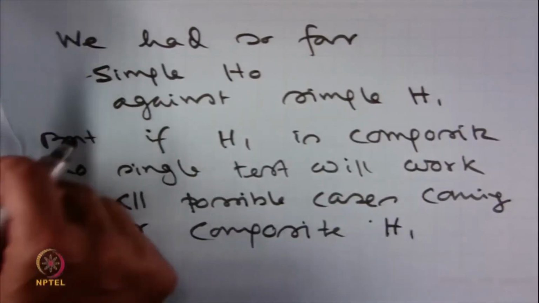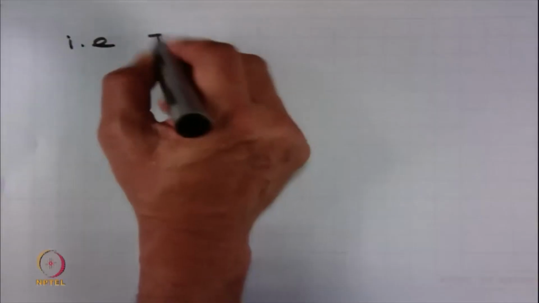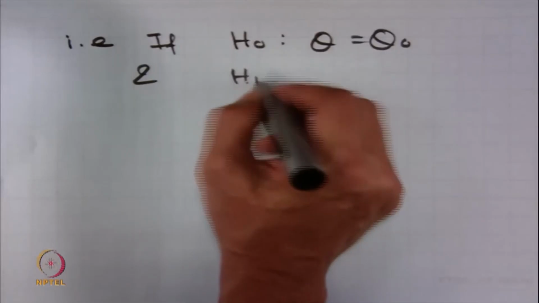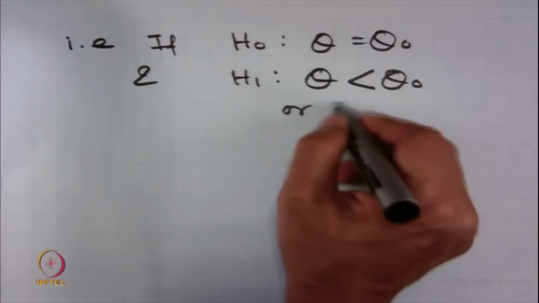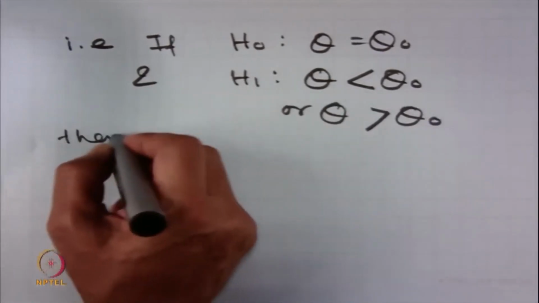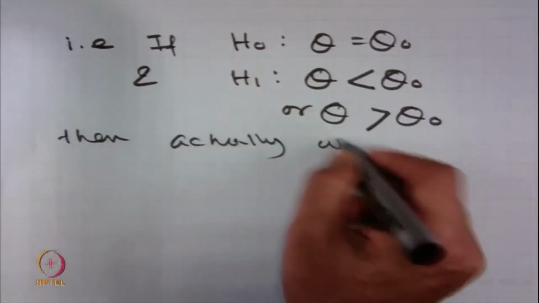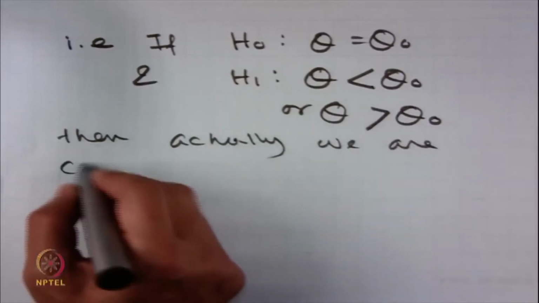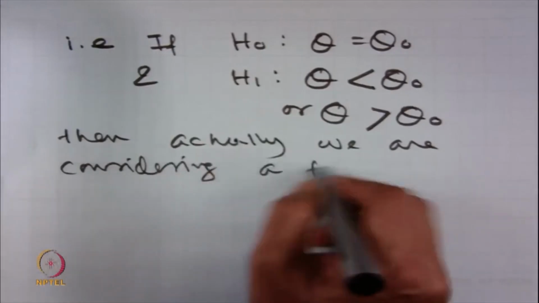That is, if H naught is theta is equal to theta naught and H 1 is theta less than theta naught or theta greater than theta naught, then actually we are considering a family of distributions.